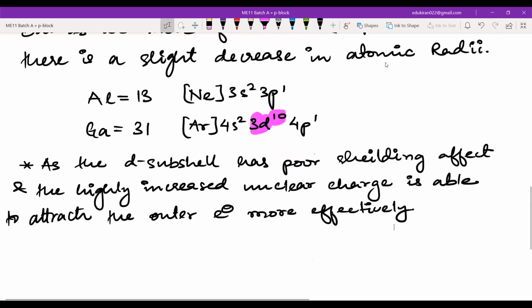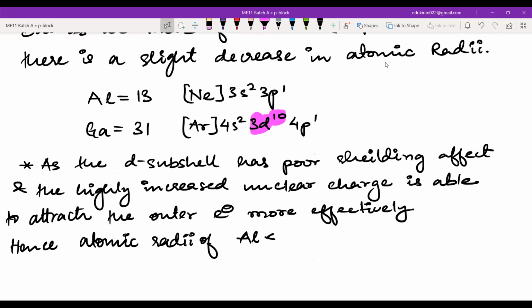And hence we can say that the atomic radii of aluminium is greater than the atomic radii of gallium.